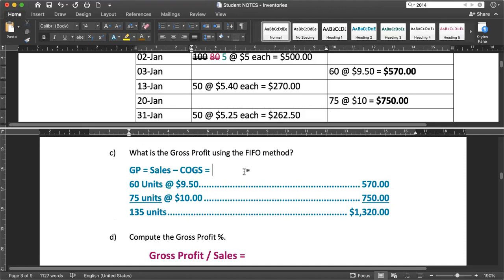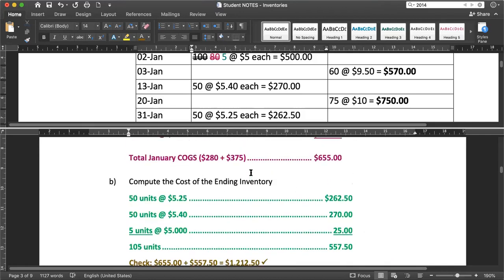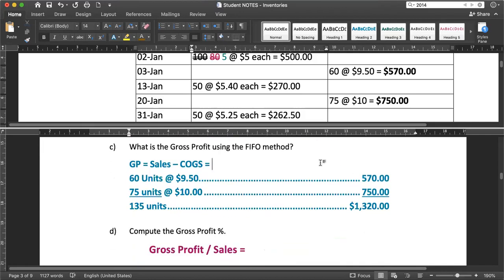So the cost of goods sold was $655. So our sales were 1,320 minus 655. So therefore our gross profit in this case here is $665.